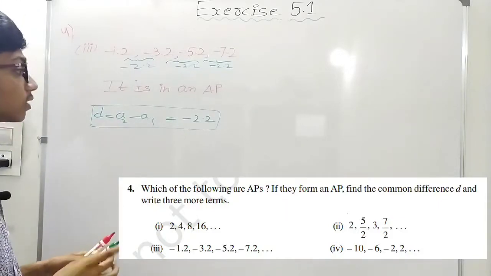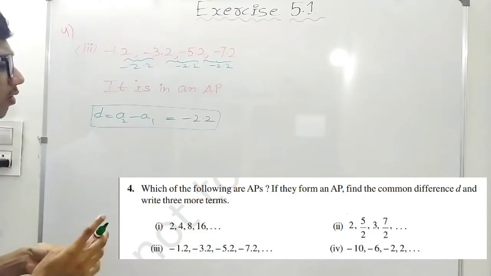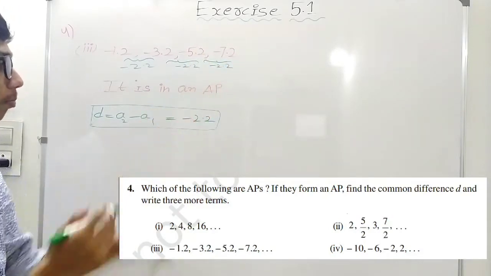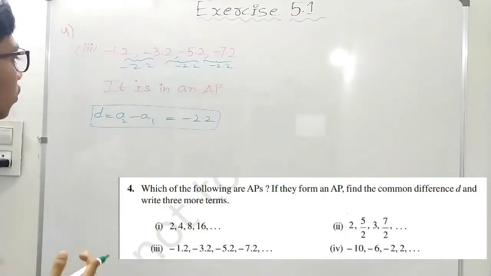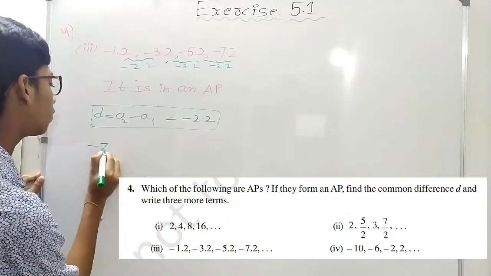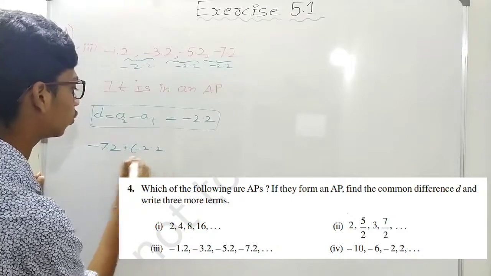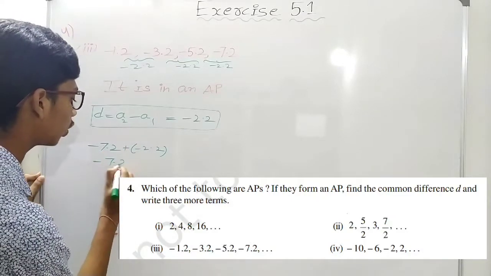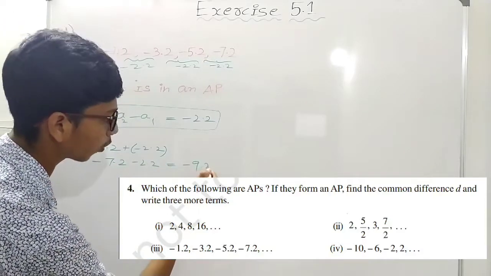And for the next three terms, simply add minus 2.2 to the minus 7.2, so that you will get the values of the next three terms. Minus 7.2 plus minus 2.2, that is minus 7.2 minus 2.2, will be minus 9.2.